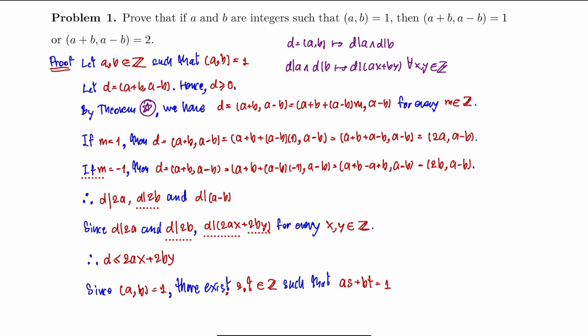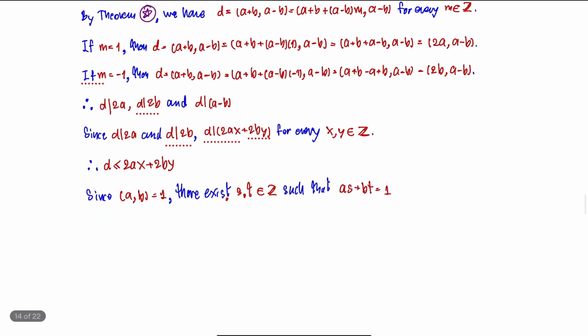Okay, so once we have this one here and this one right here, and x and y are any integers, that means that we can plug in s into x and we can plug in t into y. And let's see what happens. So if we let x to be s and y to be t, so we can plug in any integer x and y, right?